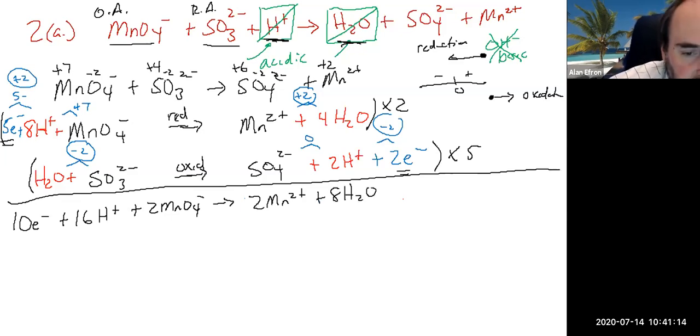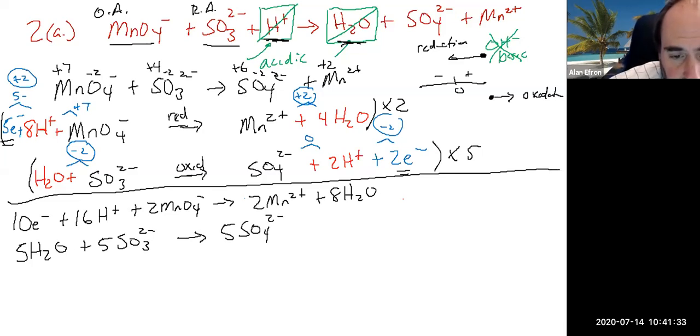Again, all I did was distribute that 2 all the way across. I'm going to do the same thing on the bottom. I'm going to distribute the 5 all the way across. When I do, that will give me 5 waters plus 5 SO3 2 minuses. Gives me 5 SO4 2 minus plus 10 H pluses and 10 electrons.